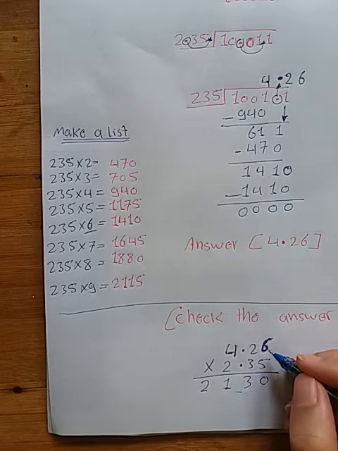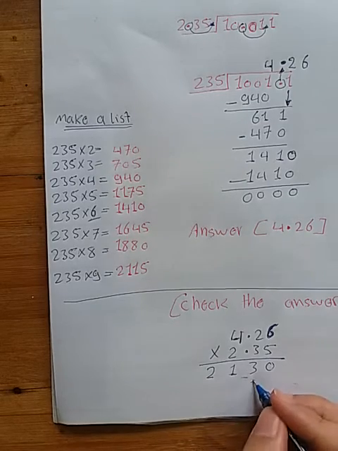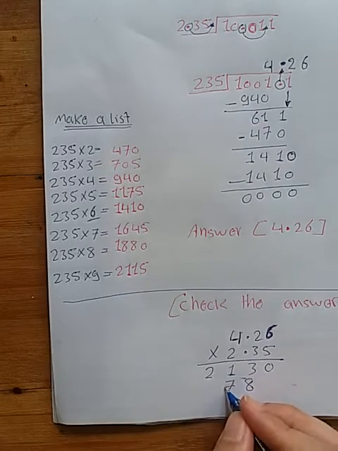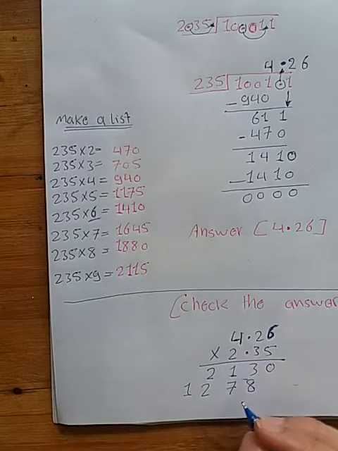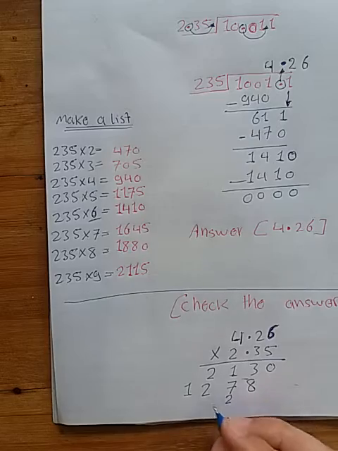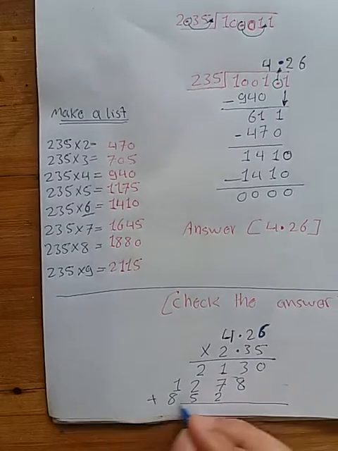Now let's multiply the second digit in the bottom number. Now the third one, and we add.